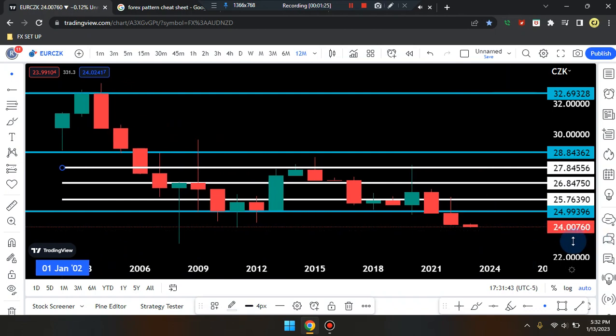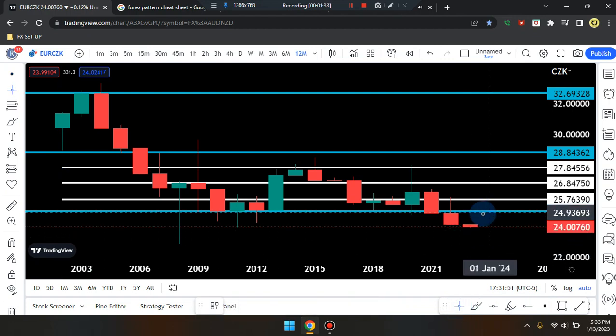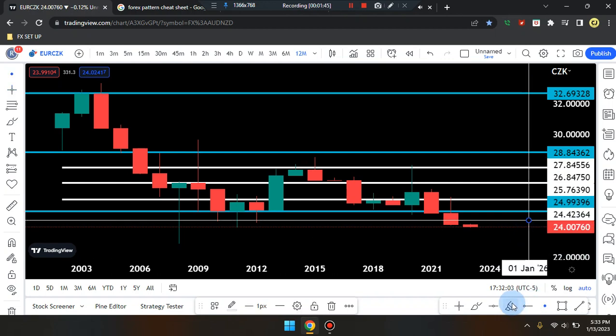Current price is sitting at 24.00760. So if price works its way up, it can tag the resistance line in blue at 24.99396 before tagging the midpoint in that area, sitting at the numbers of 24.42364.